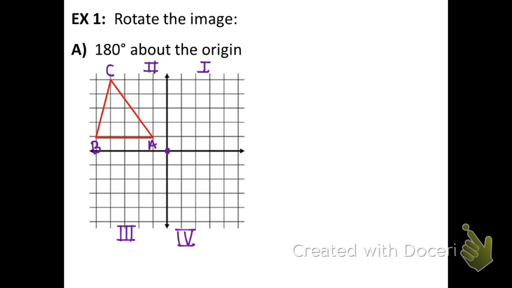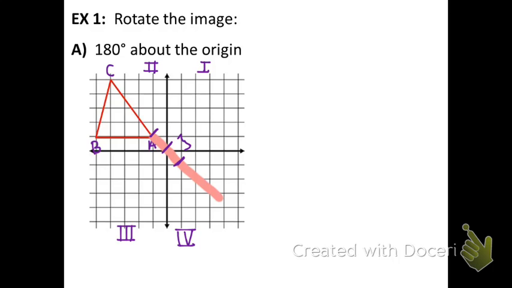So if we had a compass and a protractor, we would do this a little bit differently. The first thing you would do is construct a line from A through the origin, and then with your compass you would measure the distance from here to here and then mirror it on the other side.